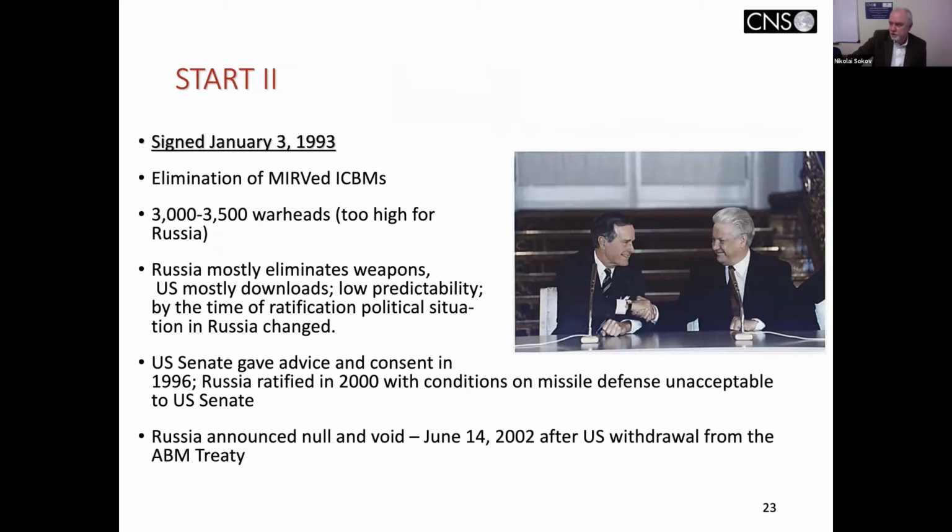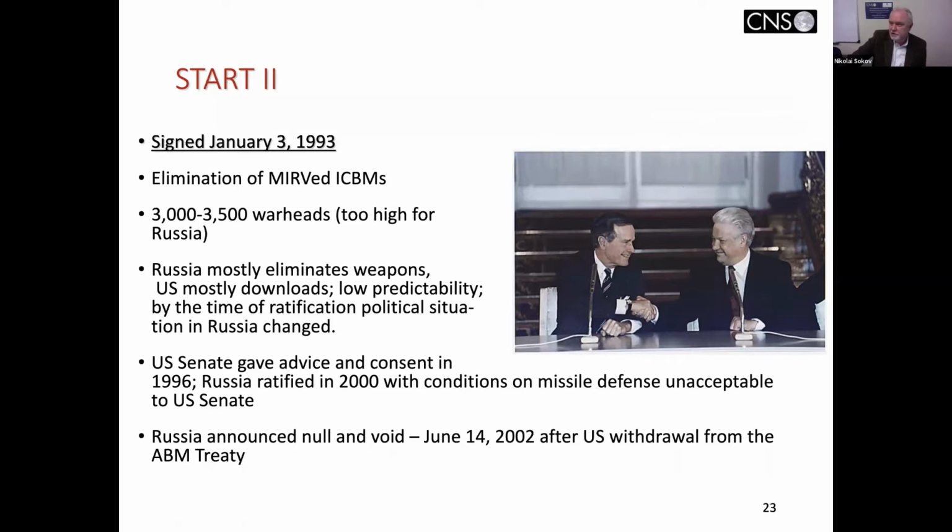So, as I said, the parties were prepared for deeper reductions than those foreseen in START 1. So almost immediately in 92, the two countries began negotiations on the next treaty. I will not go into details, as you can see them here.